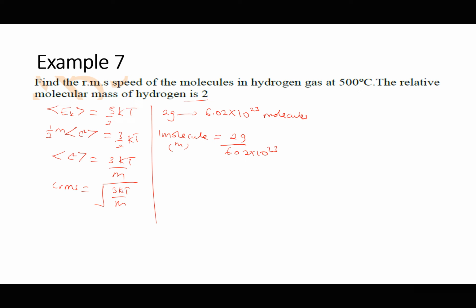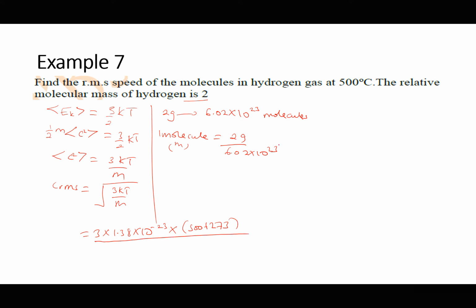So I'm now just going to substitute here to find the root mean square speed. This would be 3 times k, where k is 1.38 times 10 power negative 23. Then times absolute temperature, which should be in Kelvin, that is 500 plus 273 Kelvin, divided by the mass.